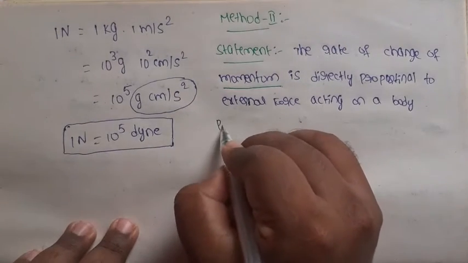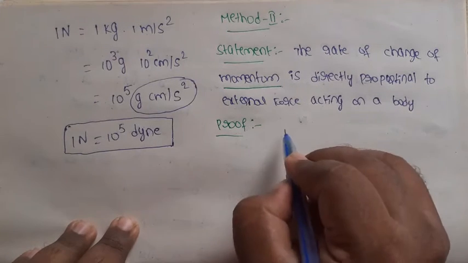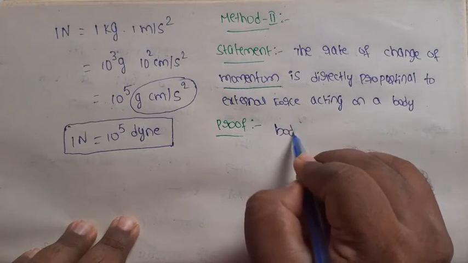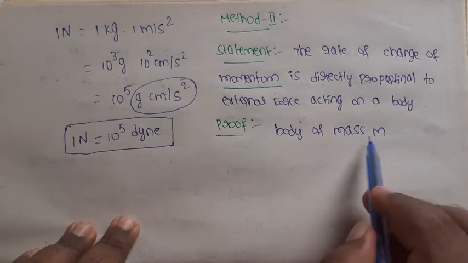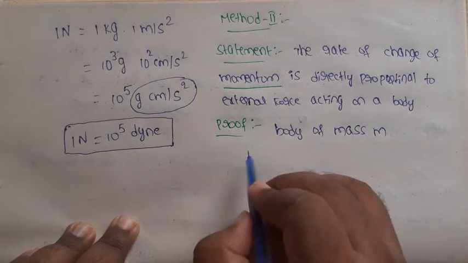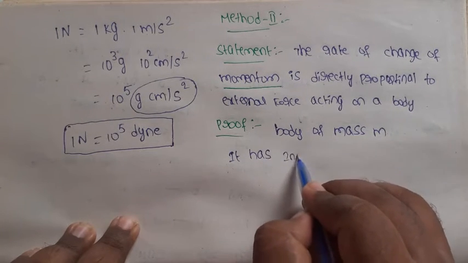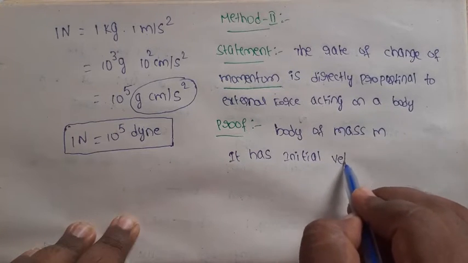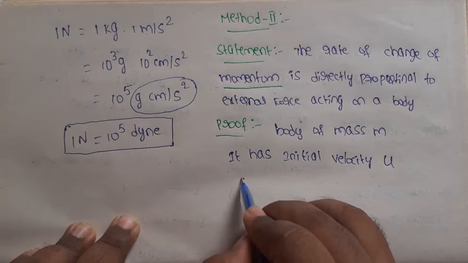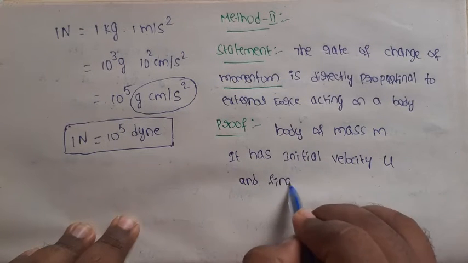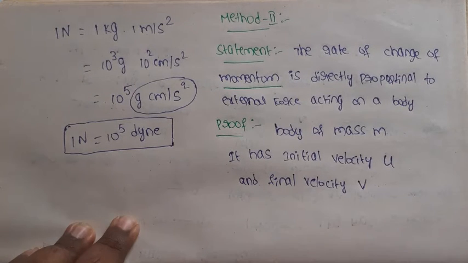Proof. For example, I am taking a body of mass m. Initially this body is at rest position. So it has initial velocity u and final velocity v.